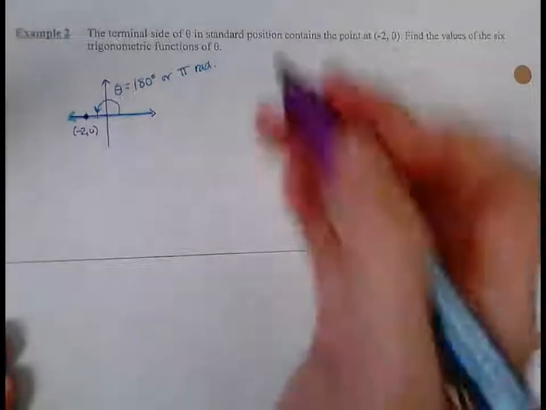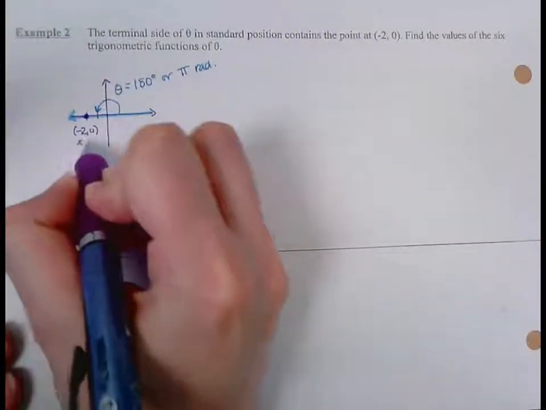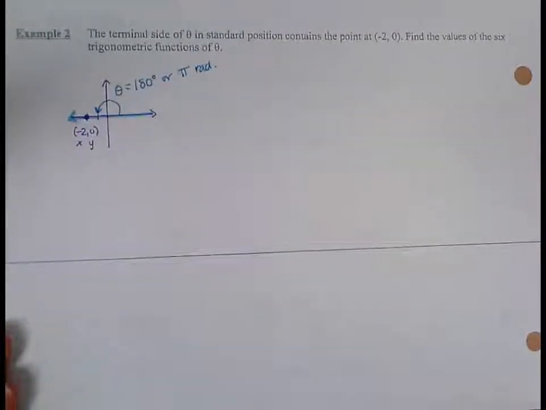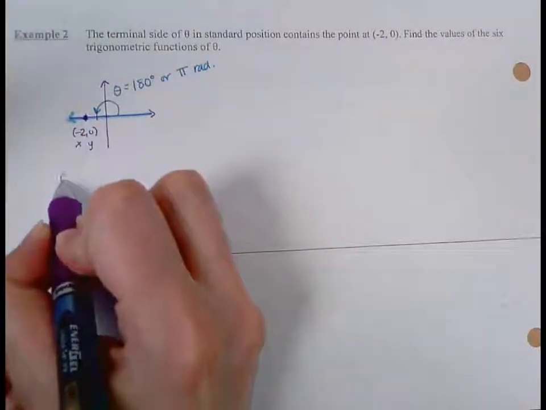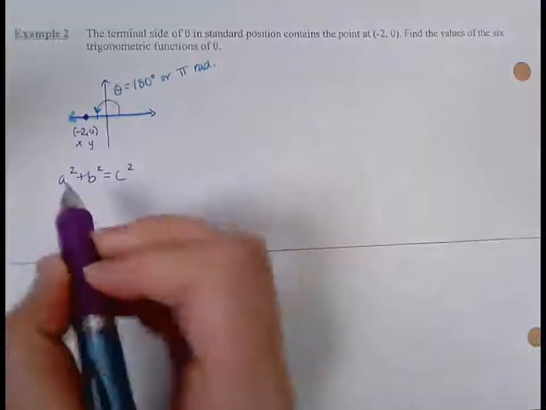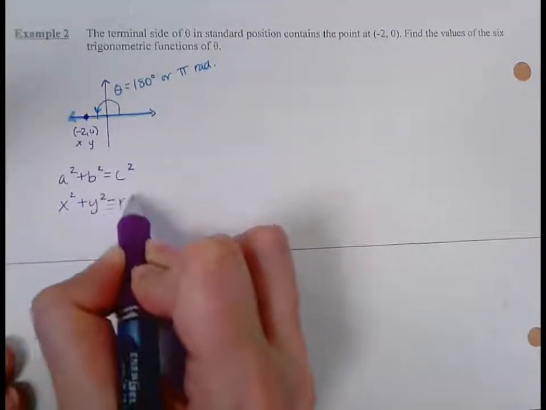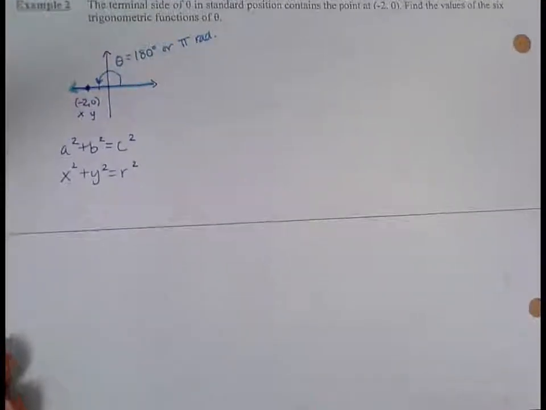To find these, like I said, I'm referencing the formulas on the front. I have my x and my y coordinates. And really here, you would still need r. The Pythagorean theorem, in terms of x, y, and r, would be x squared plus y squared equals r squared. R is always thought of as the hypotenuse of your right triangle if you had one.